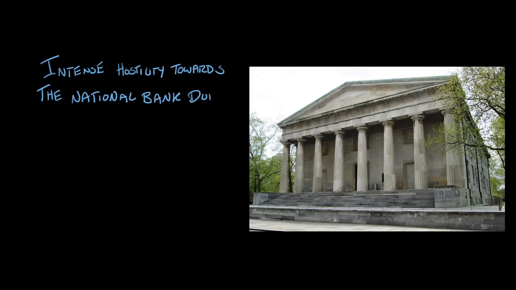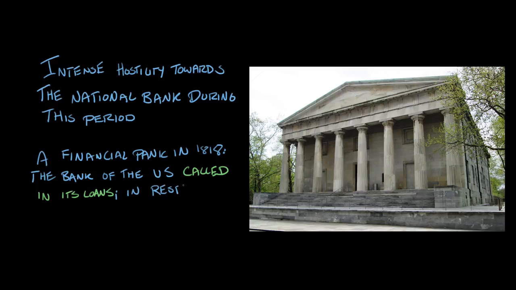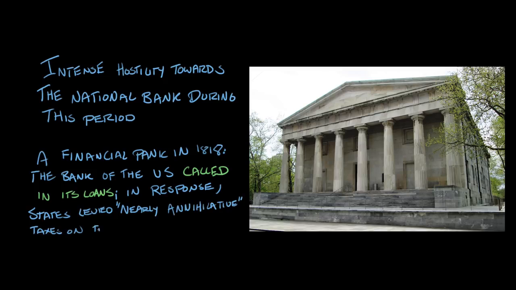The state banks competed with the national bank, and there had been an economic panic in 1818 when the U.S. bank called in its loans, and state banks that had loans from the federal bank were crippled. In response, a number of states passed nearly annihilative taxes on the federal bank, and that's the environment in which, in 1819, McCulloch against Maryland came before the Supreme Court.